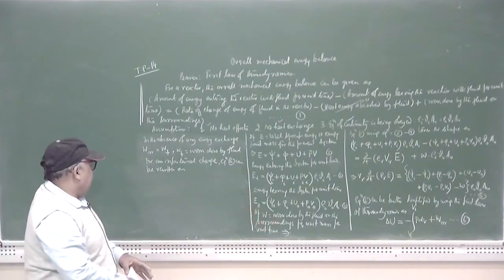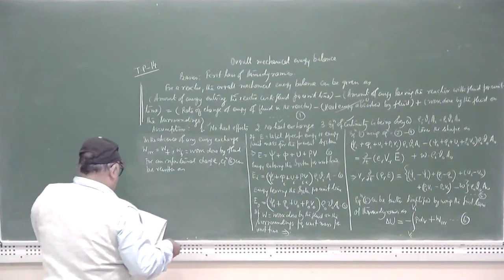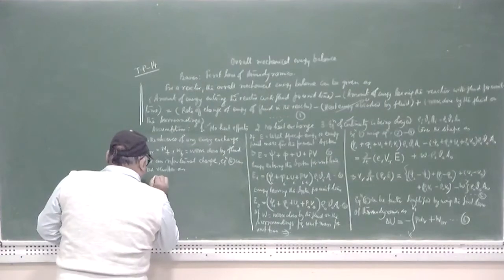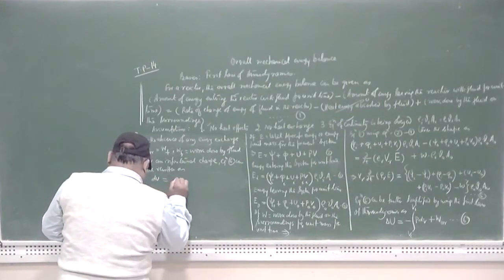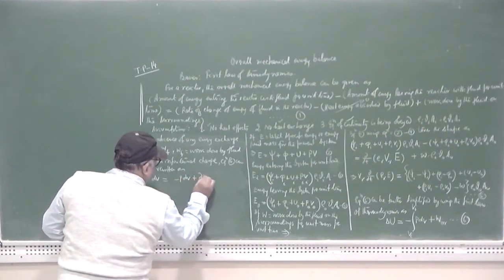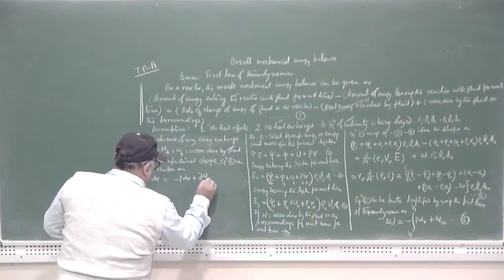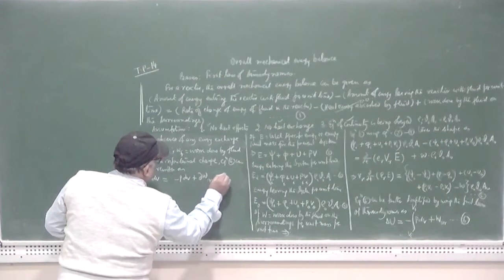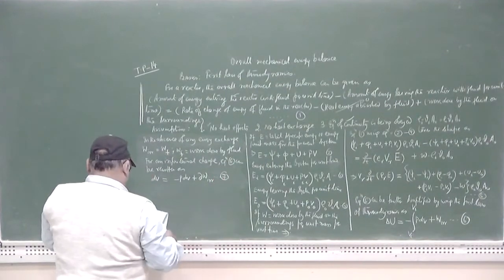However, in the case of infinitesimal change, the same equation number 6, which stands for the first law of thermodynamics, can be rewritten as dU is equal to minus P dV plus delta W irreversible. Let it be equation number 7.